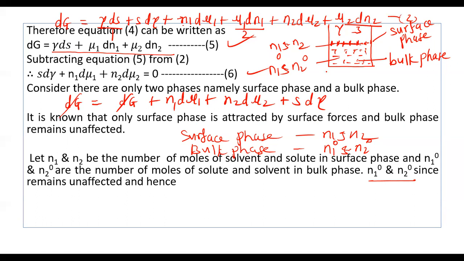Let us consider n1 and n2 to be the number of moles of the solvent and solute in the surface phase, and n10 and n20 to be the number of moles of the solvent and solute in the bulk phase.